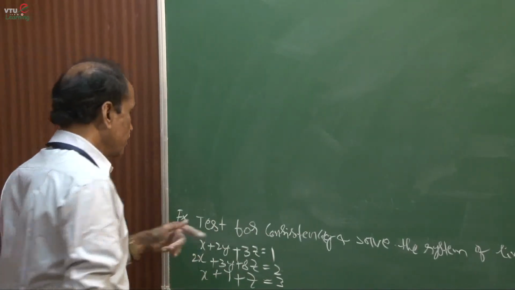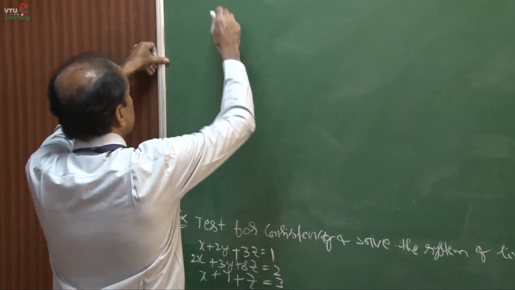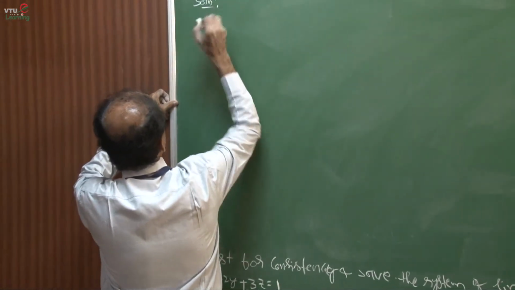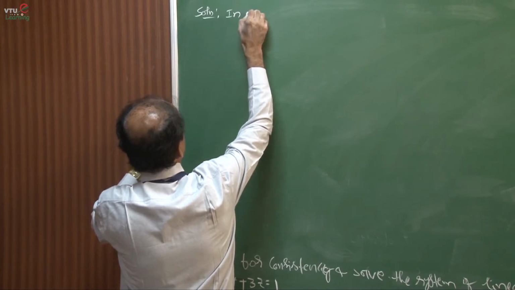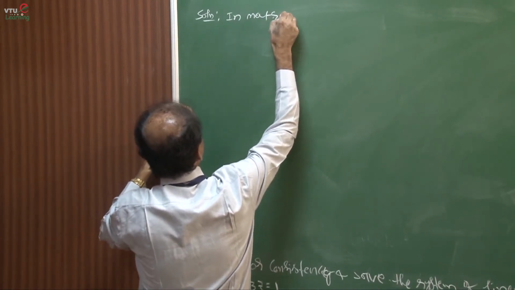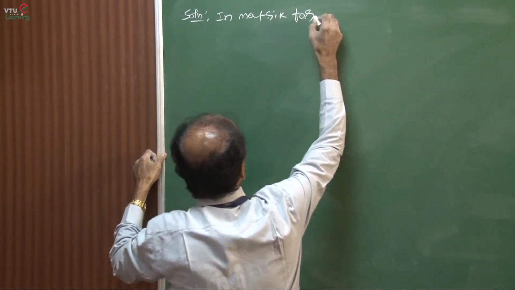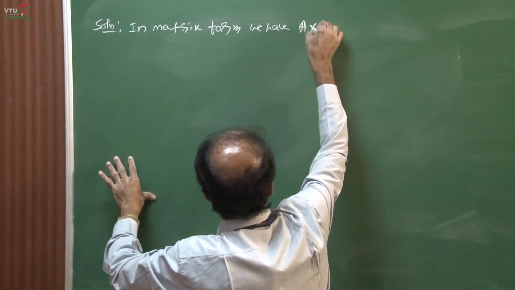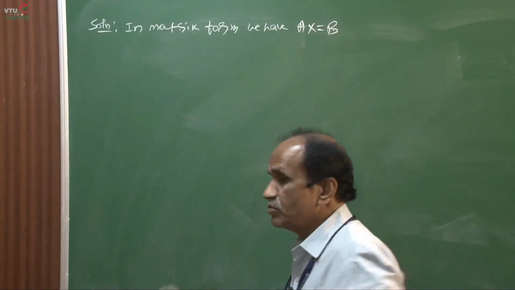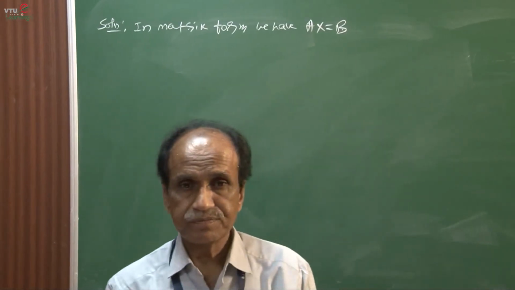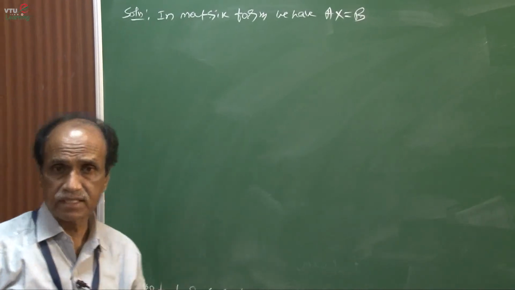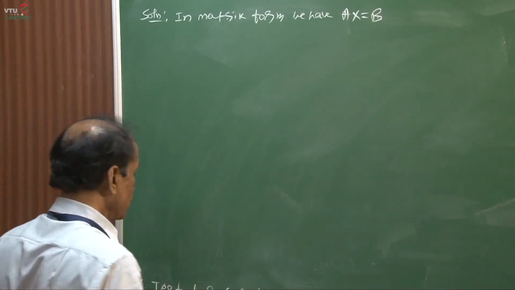That means we have to verify, and you have to write in the matrix form. In the solution, in matrix form, we have Ax equal to B. This is our most fundamental representation. Even in vector spaces I will be considering it like this in the next discussion. That is Ax equal to B.